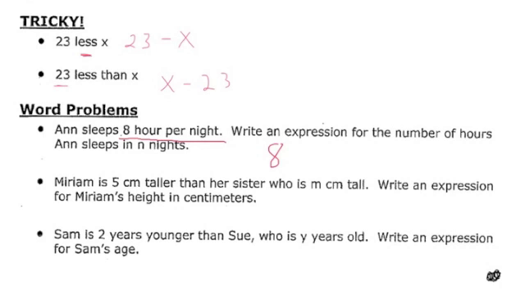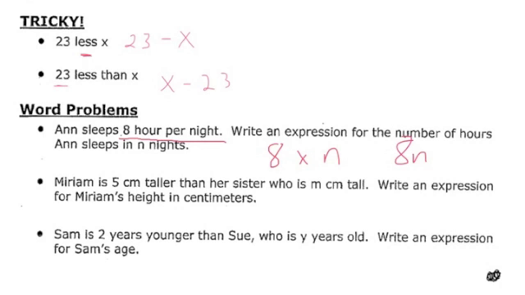And what does the word per stand for? Per, remember, it means multiply. So she sleeps 8 hours per night, or 8n. That would represent the amount of hours Anne sleeps per night.